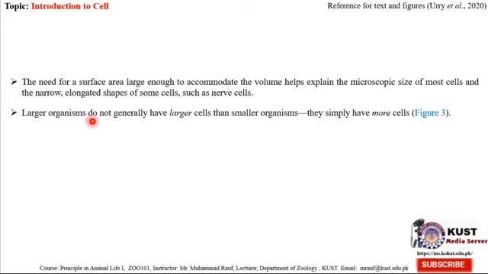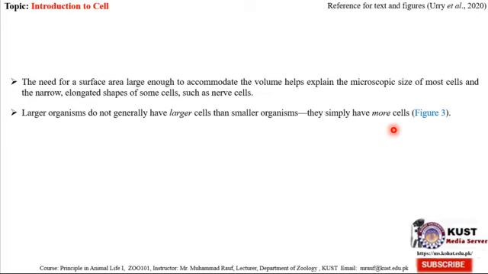Large organisms do not generally have larger cells than smaller organisms. They simply have more cells. So some organisms are smaller in size, others are larger in size. This larger size of the organism is not because of having larger cells, but it is because of having more number of smaller cells as compared to the smaller organisms.